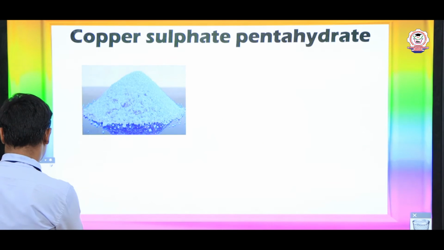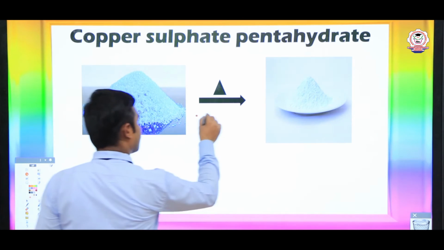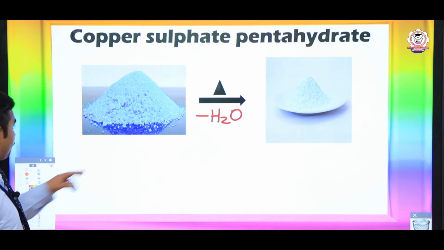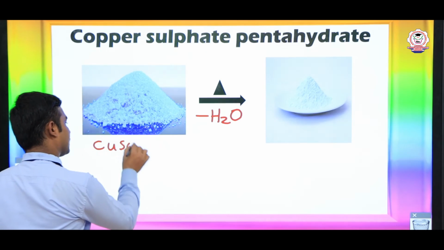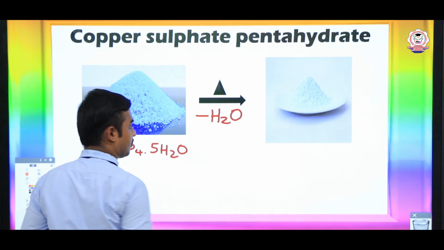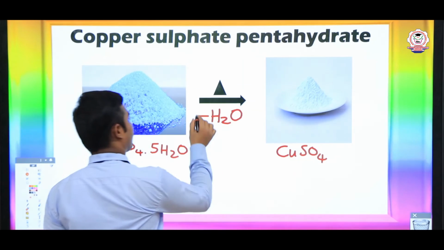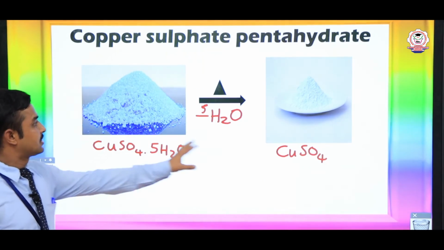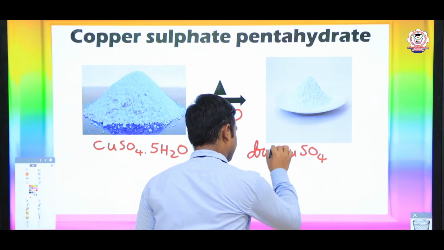By knowing this, you can write that in the white crystals the water molecules have been removed. Here we have CuSO4·5H2O, but in the white form we have only CuSO4, and the 5H2O have been removed. This is the formation of dry copper sulfate.